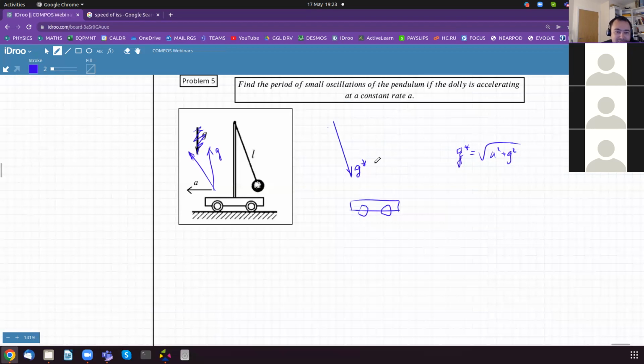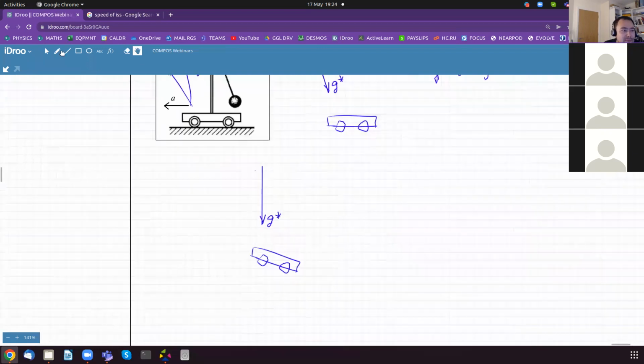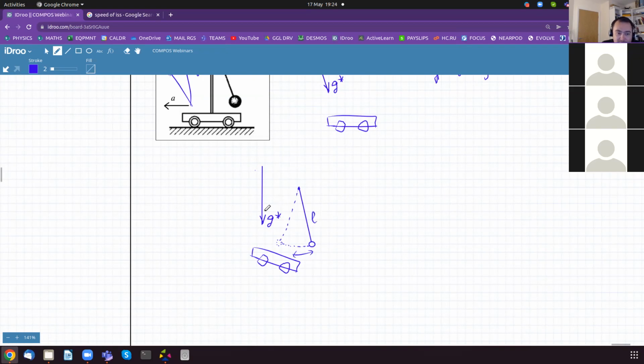But then the problem is just to turn the problem sideways, quite literally. Turn the problem sideways. You have a pendulum that swings back and forth. It has a length, and it has the new gravity.